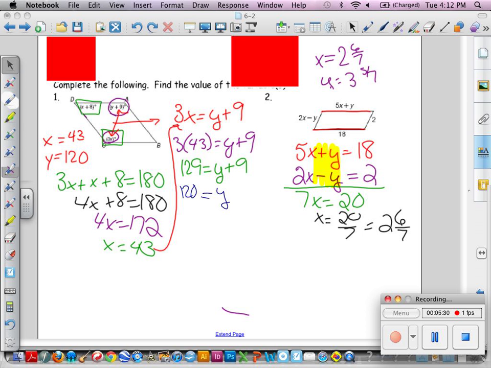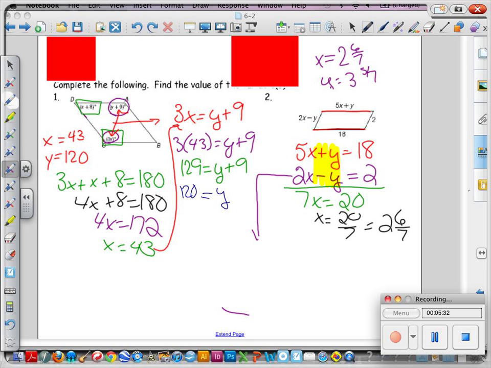Now I need to find my y. I'm going to take this equation, I'm going to plug in my x. 2 times 20/7 minus y equals 2. 2 times 20/7 is 5 5/7 minus y equals 2.